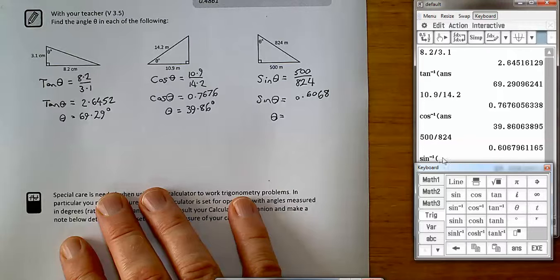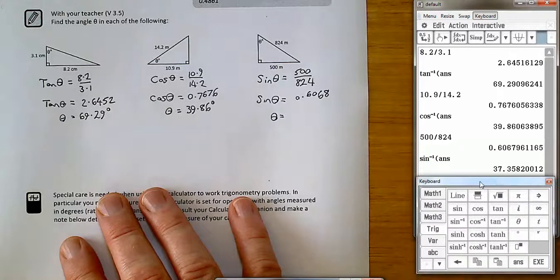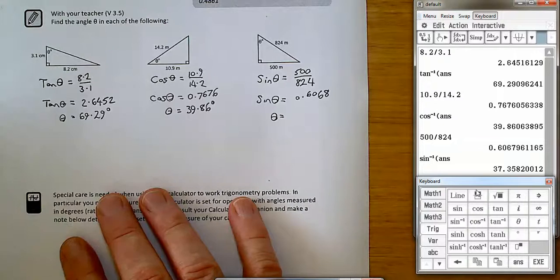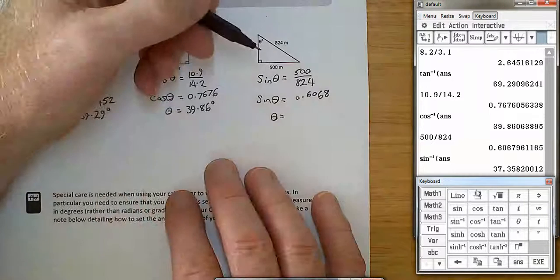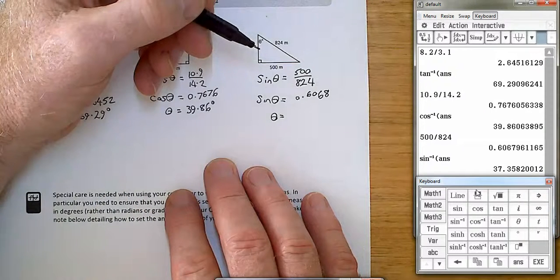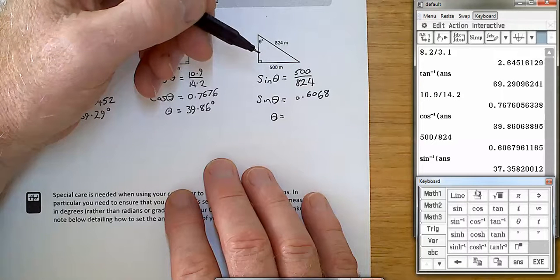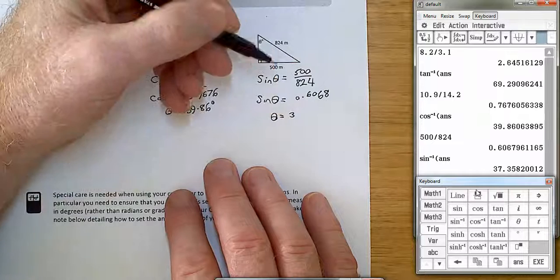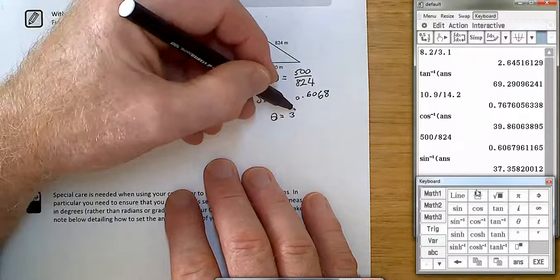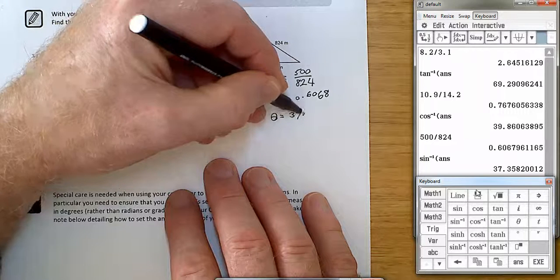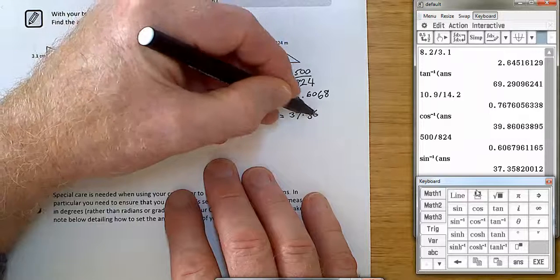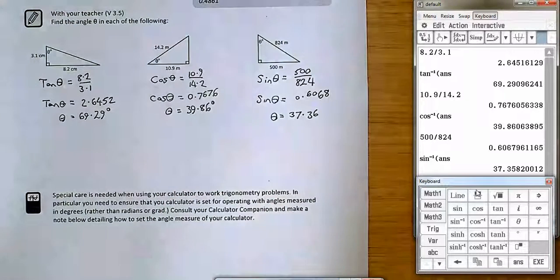That's better. Oh, I did work it out, it's just covered up, isn't it? There we go. 37.36.